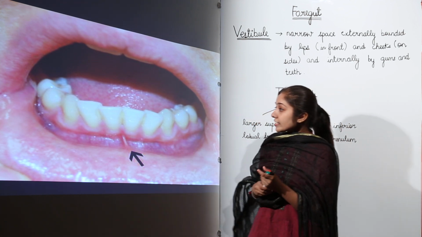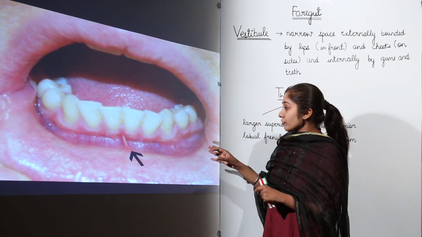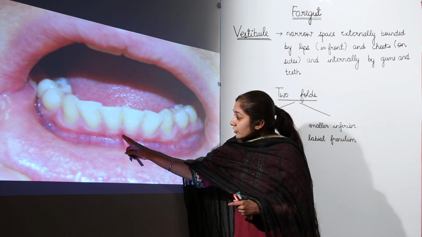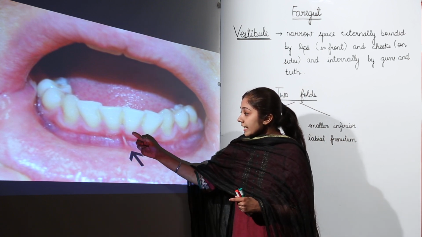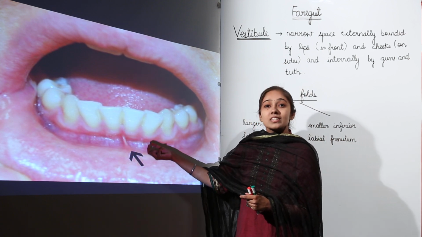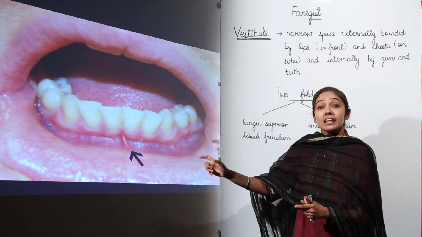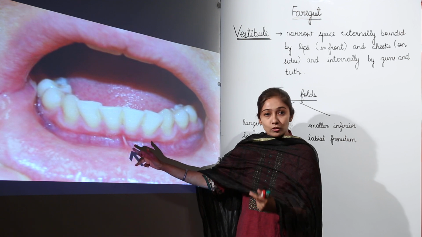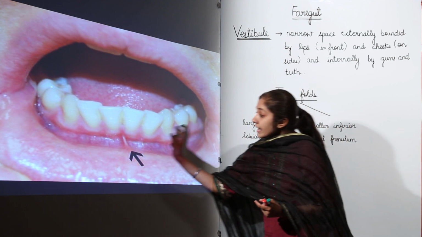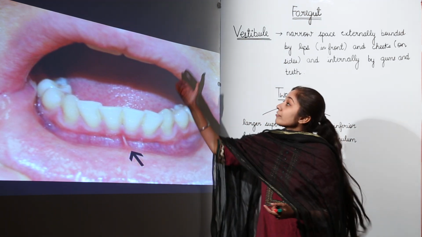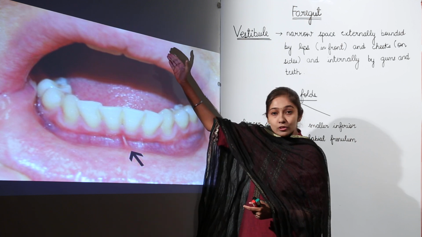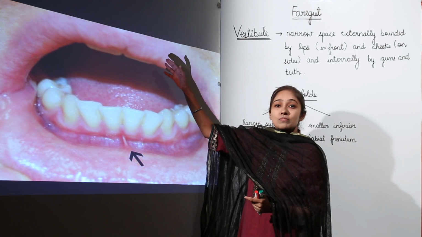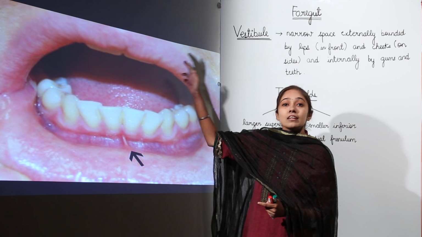So here you can make out this original image from the human mouth. This is the region. Since it is connecting the lower lip with the gum, it is the inferior labial frenulum, right? And the same kind of frenulum is there connecting the upper lip with your gums, which forms the superior labial frenulum.